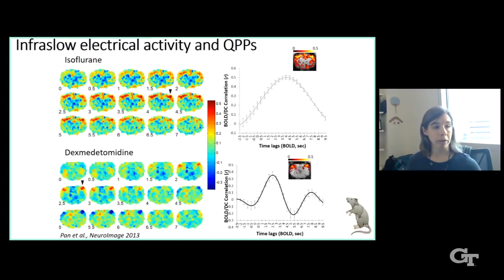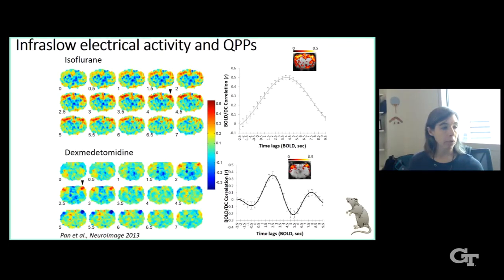More interestingly, when we looked at the correlation between the signal from the electrode itself and the MRI signal at different time delays to try to account for that hemodynamic response, we started seeing something that looked like this QPP in the rat.